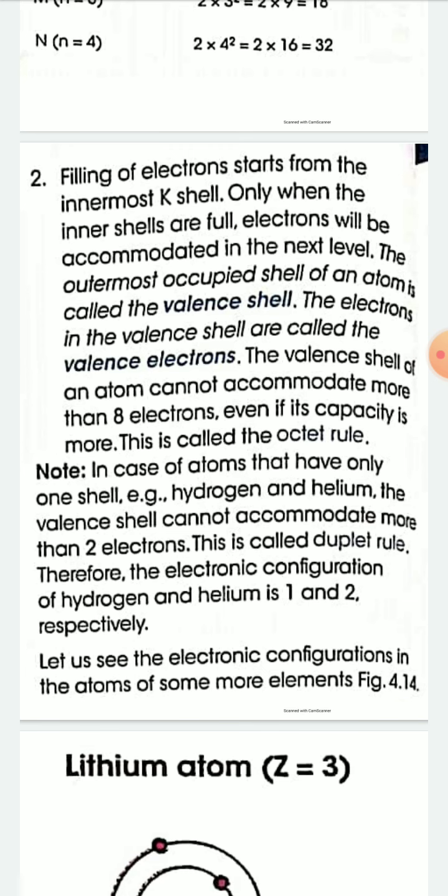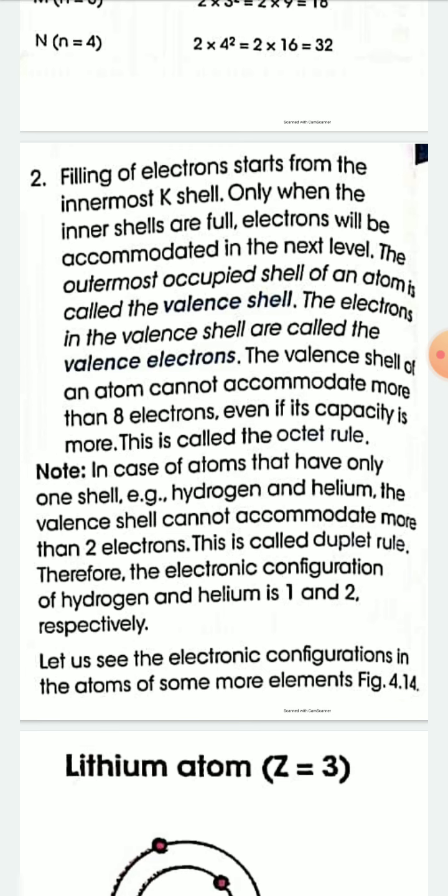The outermost occupied cell of an atom is called the valence cell, and the electrons in the valence cell are called valence electrons. One important point you have to remember is that the valence cell of an atom cannot accommodate more than 8 electrons, even if its capacity is more than 8.